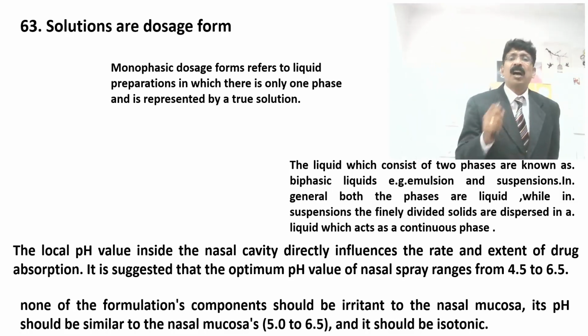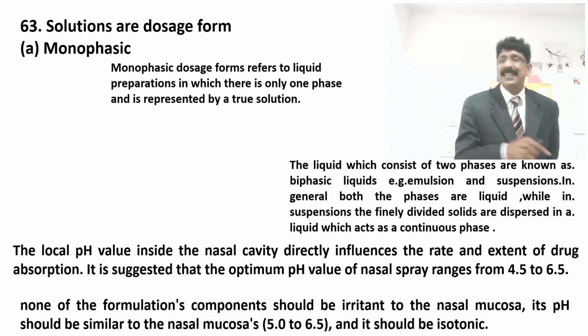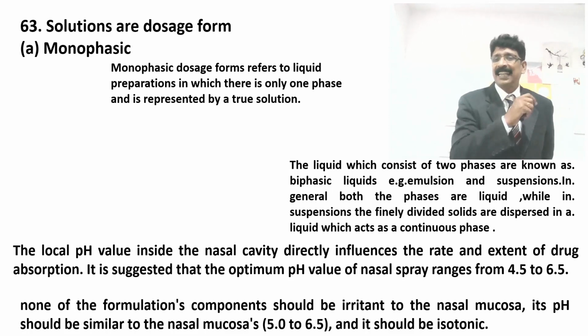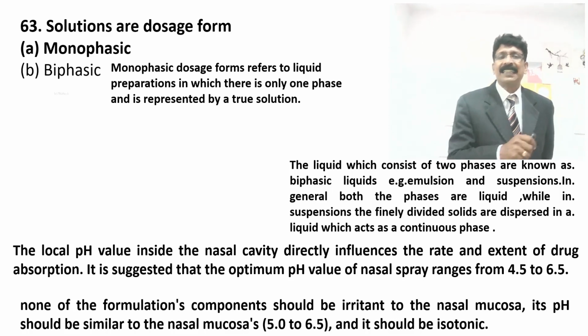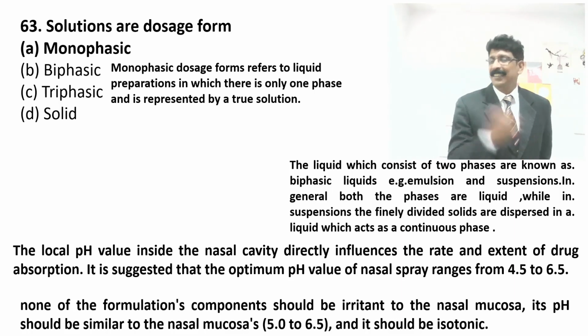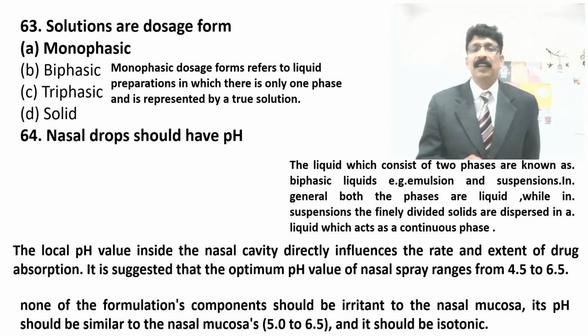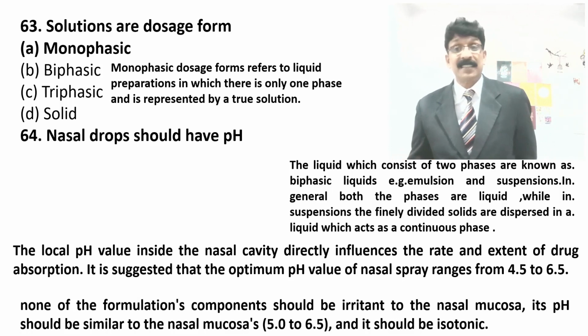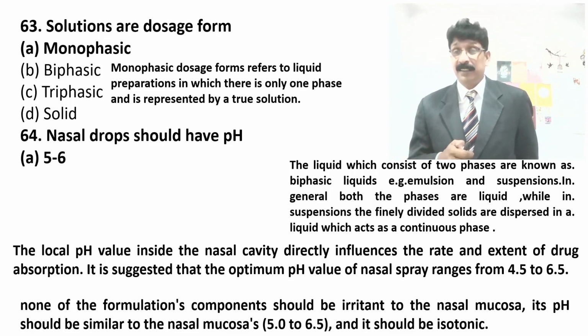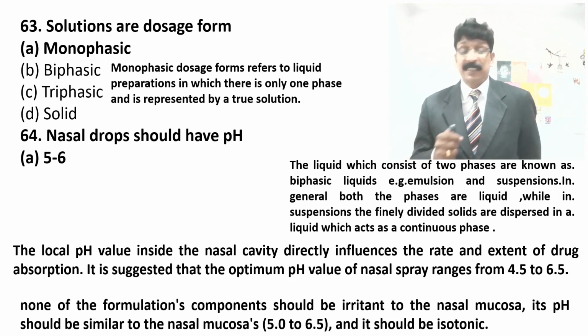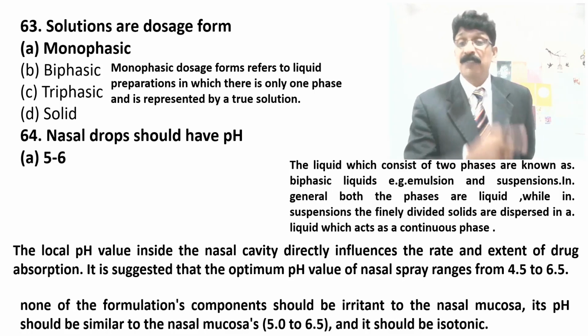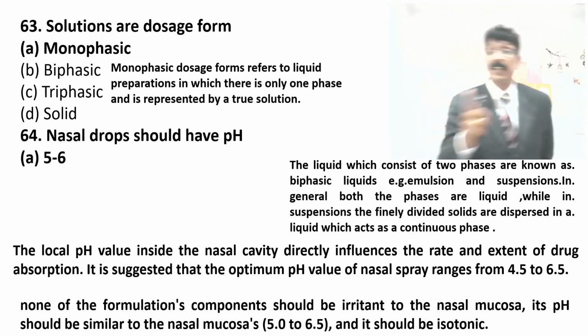The solution, or the dosage form, is monophasic. Exactly. It's not biphasic, it's not triphasic, it is not solid. Any student can easily write. Nasal drops should have a pH, should be isotonic, and should be 5 to 6. Just now we have seen 5 to 6 is the correct one.